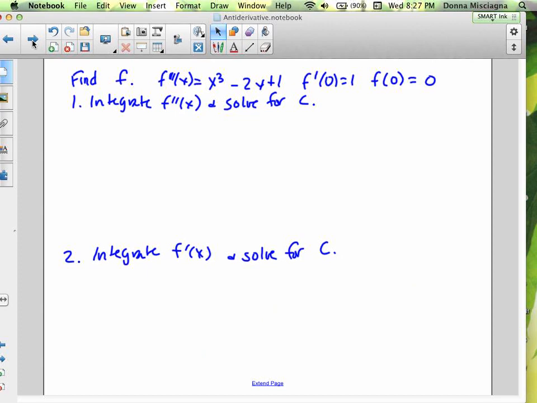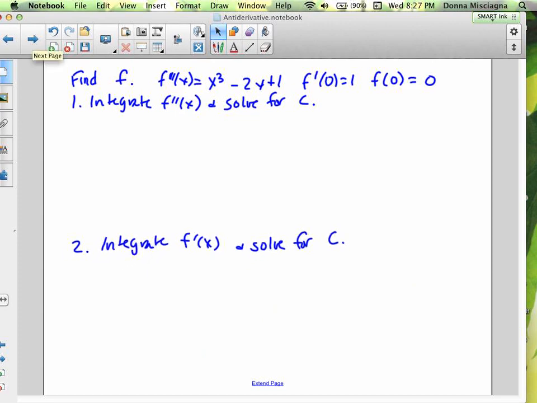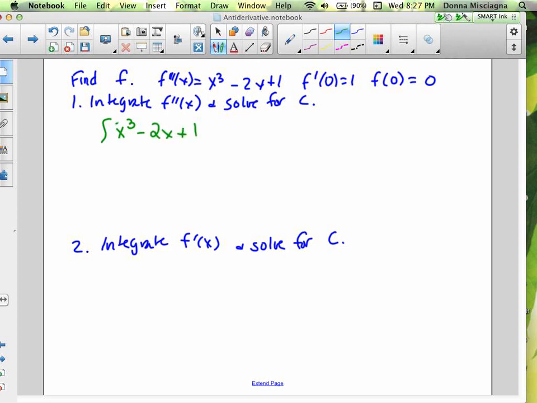We have here the second derivative is x cubed minus 2x plus 1, and we're given the initial conditions for both the first derivative and the original function. All right, so we'll integrate x cubed minus 2x plus 1 dx. So we're going to integrate the x cubed, the 2x, and the 1.